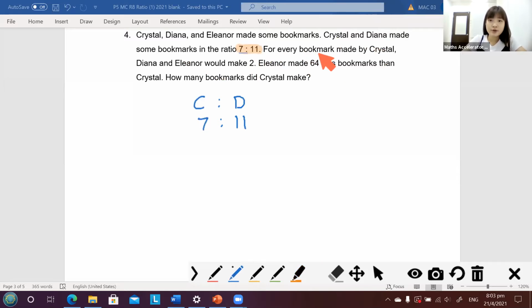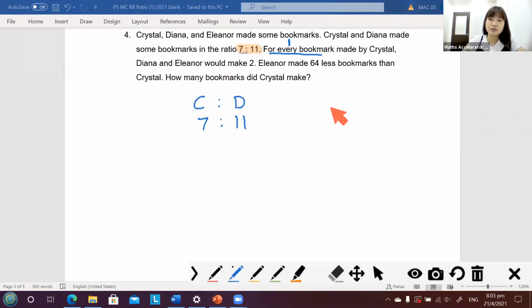Now for every bookmark made by Crystal, for every bookmark, this means for every one that she makes, just like in question 3. When they say for every person wearing blue, that means for every one person wearing blue. This is for every bookmark Crystal makes, that's 1. And Diana and Eleanor will make 2.